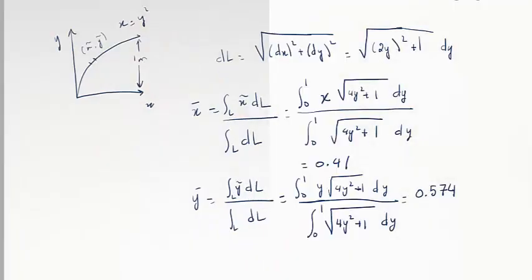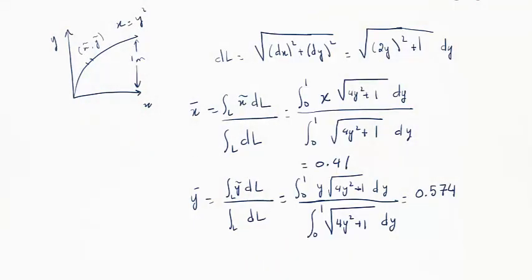Now let's keep going with this. Here let's do maybe a small example. Let's say we have a body that's like this parabola over here. Let's say the height over here is 1 meter, and this parabola has the equation x equals y squared.